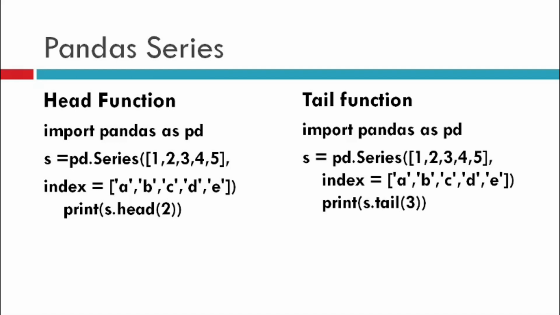If we run this program, we get the result 1, 2 with index A and B. Again, if we execute the tail function, the answer will be 3, 4, 5 with index C, D, E.